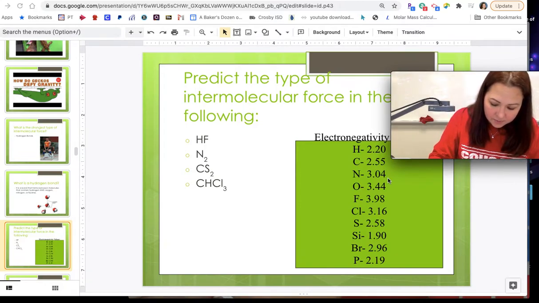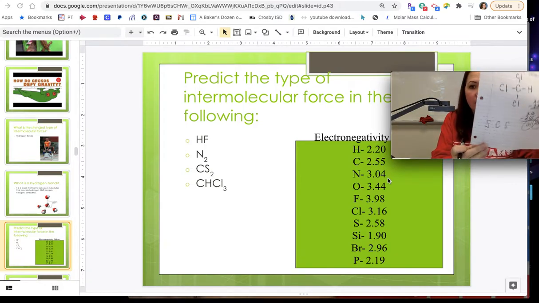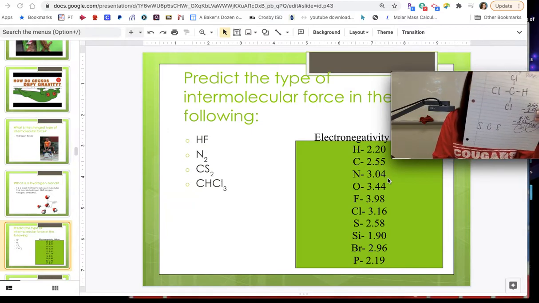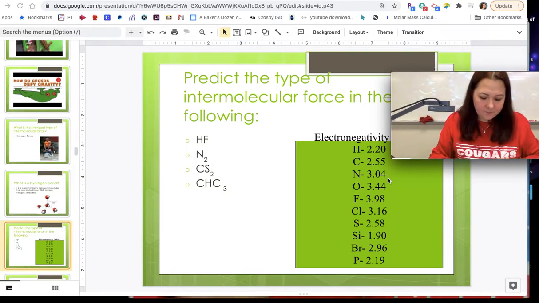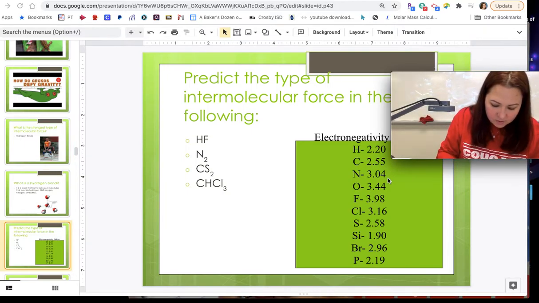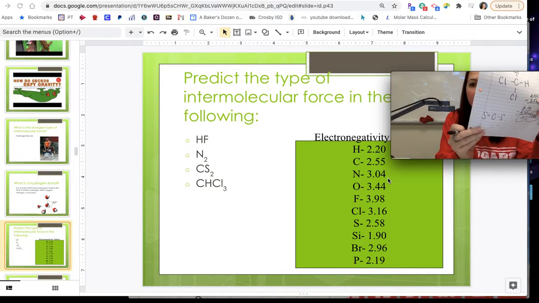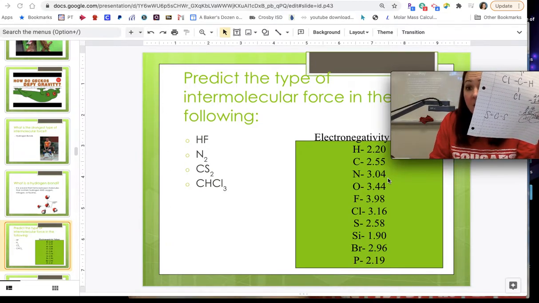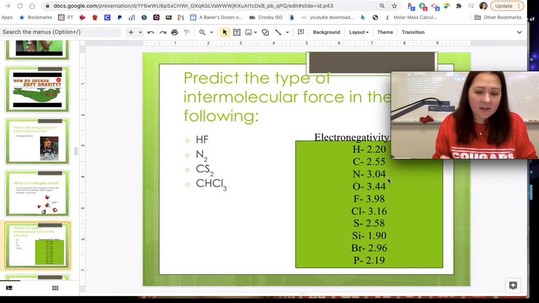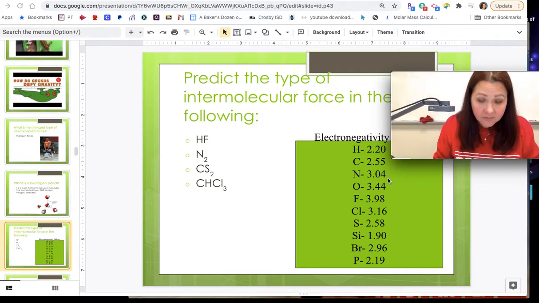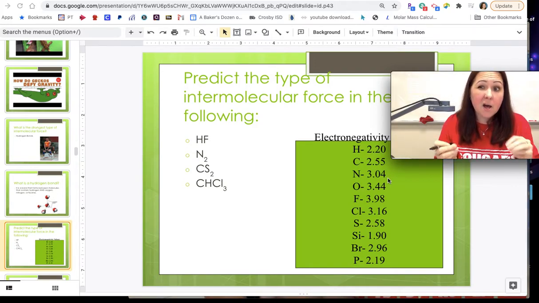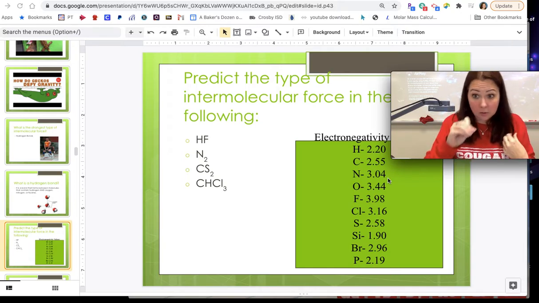Now on the next one, I have carbon with two sulfurs. If I drew this one out, you're going to end up with carbon with double bonds. So with carbon with double bonds, it's a lot like CO2. That CO2 is automatically nonpolar because it is symmetrical.